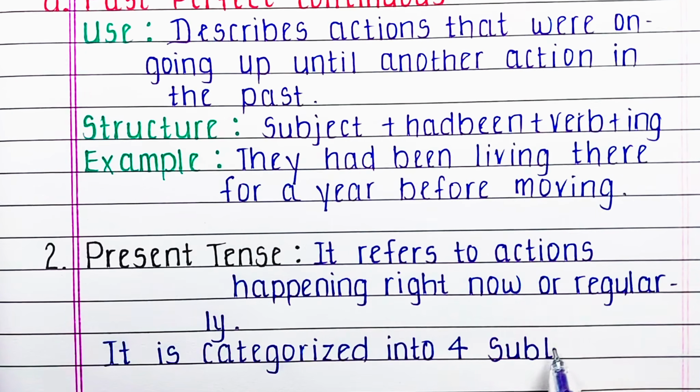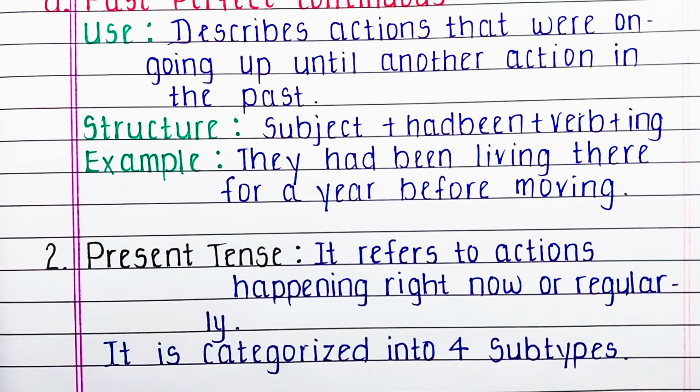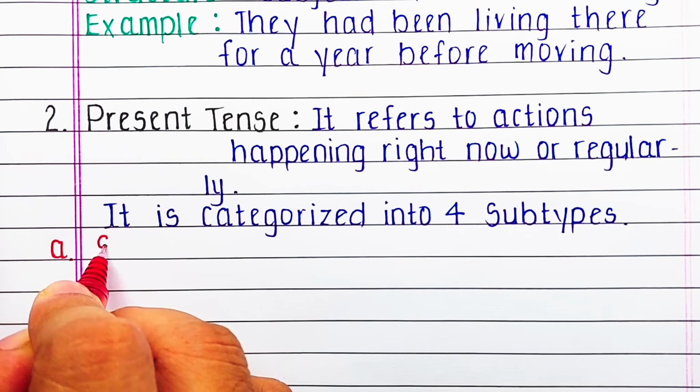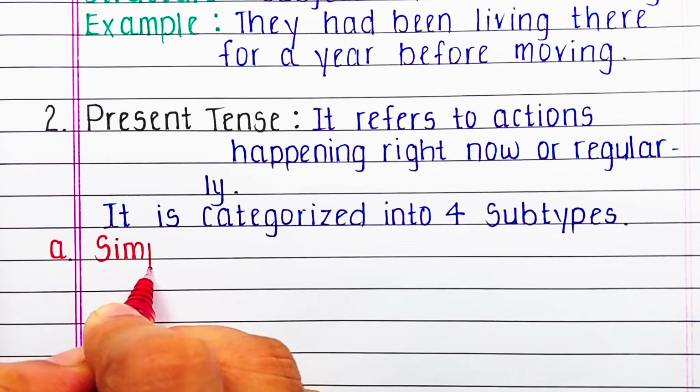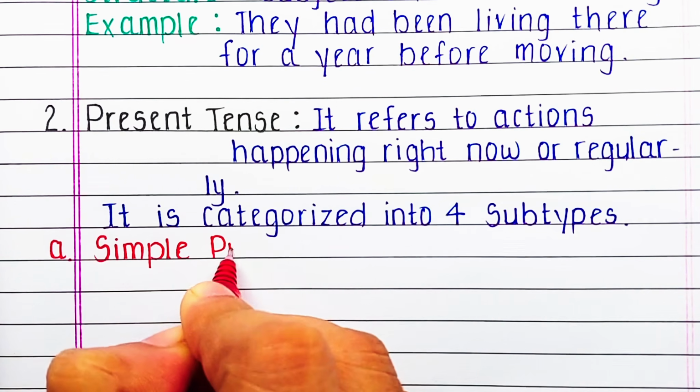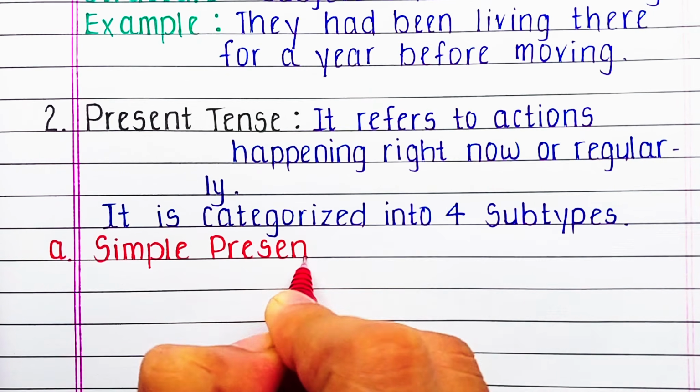It is also categorized into 4 subtypes. So, subtype number 1, simple present.